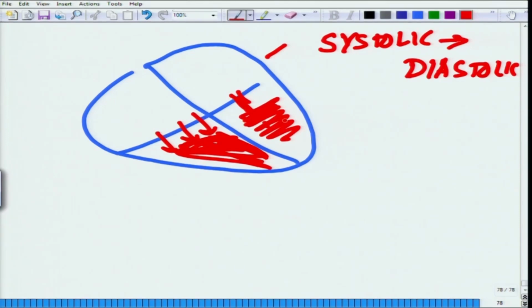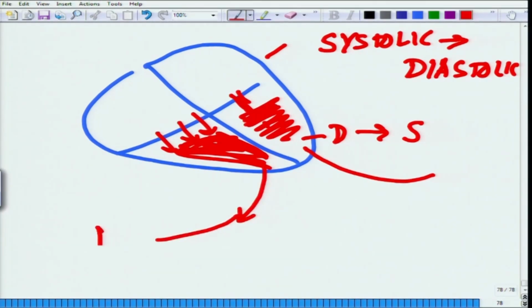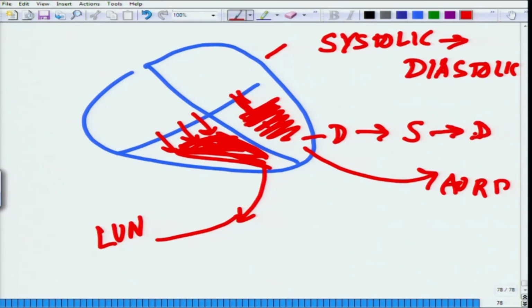Whereas this one, which was initially in a diastolic phase, moves to the systolic phase, and then when it throws the blood out, this goes to the lungs, assuming this is the right side, and this one goes to the aorta. Then this enters again a diastolic phase.